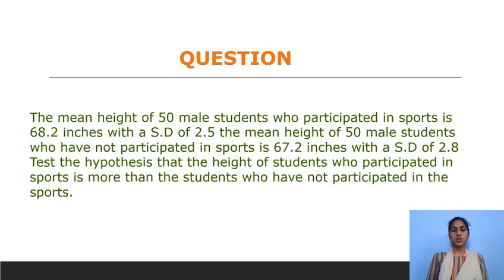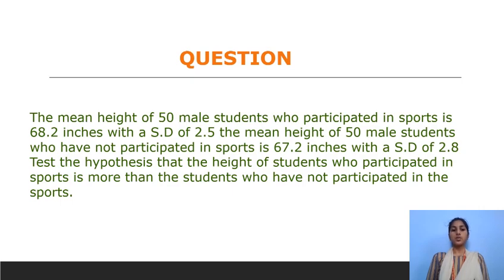And here is the question based on those data. The mean height of 50 male students who participated in sports is 16.2 inches with a standard deviation of 2.5. The mean height of 50 male students who have not participated in sports is 67.2 inches with a standard deviation of 2.8.